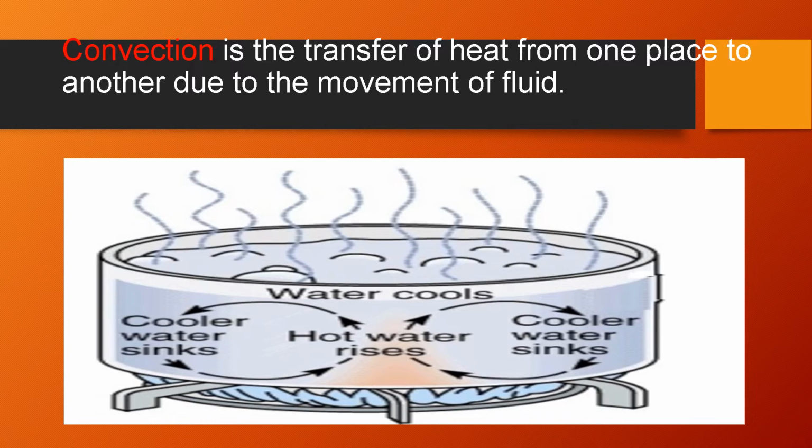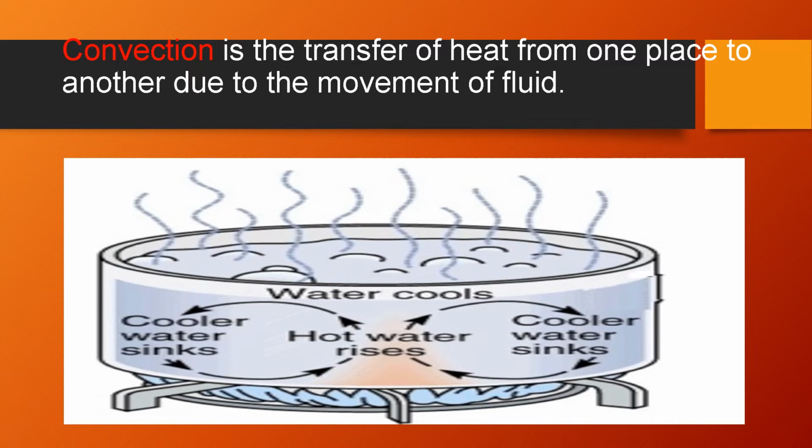We observe convection, as we are seeing here in the picture: in the vessel in which the water is boiled, at the lower end where the heat is received, the water gets heated and hot water rises up. When the hot water rises up, the fluid pressure at the lower end reduces, and the upper cooler water molecules sink.